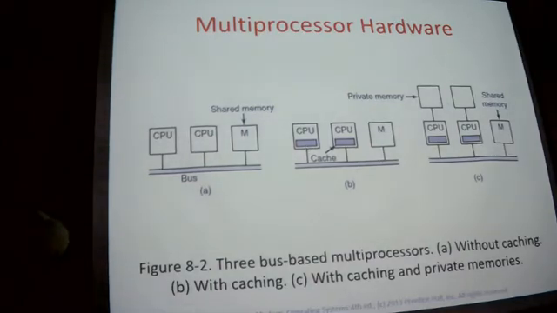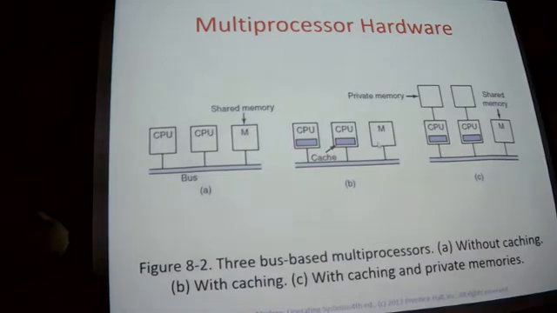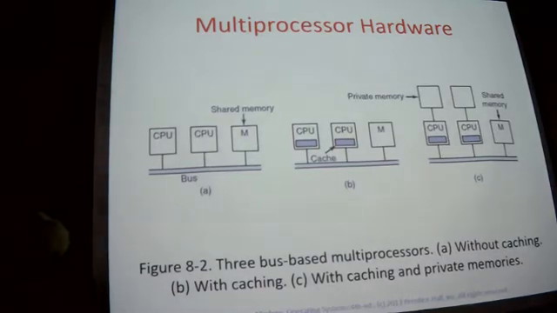The difference is that when the CPU wants to read the data into cache, it reads a block, not a word. In figure A, just a word in the memory, but in figure B, a block containing this word. So it means that instead of a word, I read a block of words.